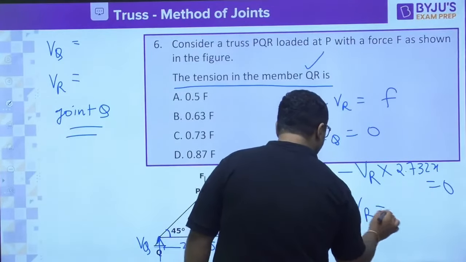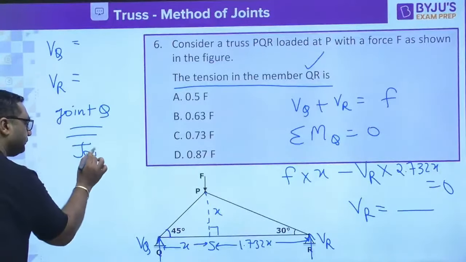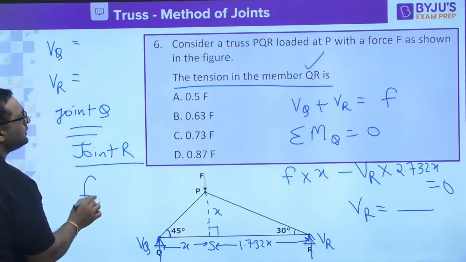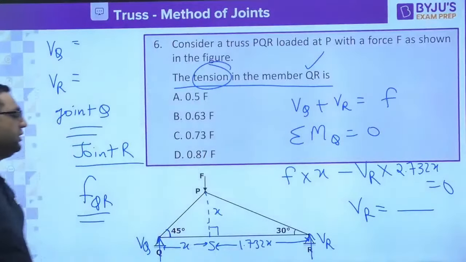You will get the value of VR. Once you get VR, take joint R, and you can find out the force in member QR. It is already mentioned that it is under tension.